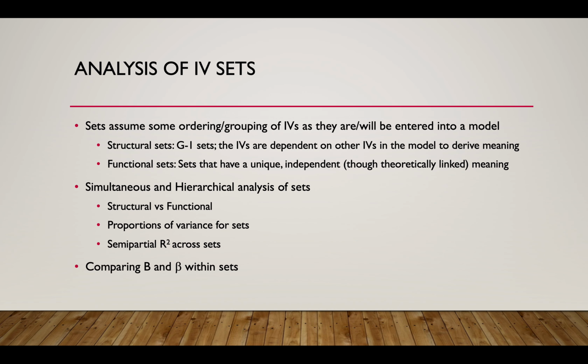Note, though, the final set will give you a complete model that has all of those variables entered into the model with everything partialed out or controlled for. So you will get a comparison of set 2 to set 1, or after controlling for set 1. And this will make more sense when we do it in class.